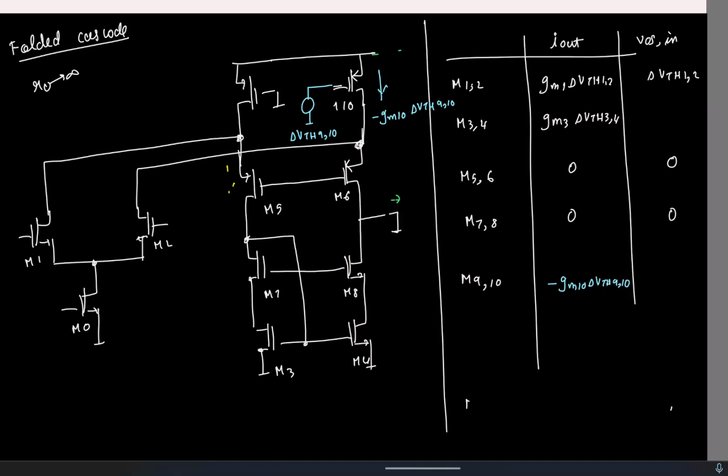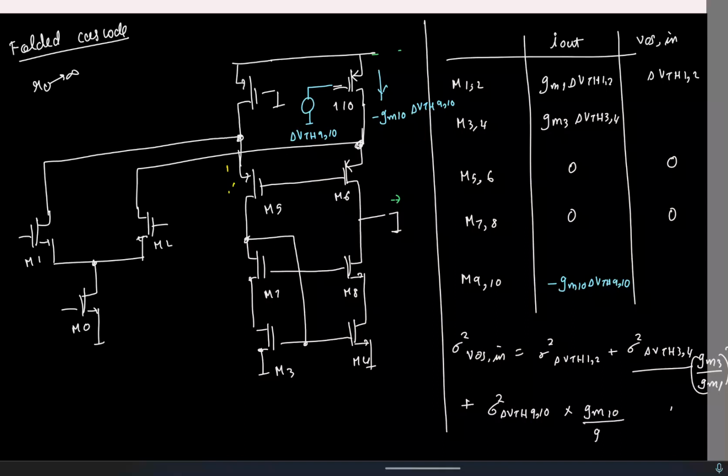So if I write the input referred offset, it will be similar as before. I will have sigma square delta VTH 12, the effect of 3,4 multiplied by GM3 by GM1 square, plus an additional term, sigma VTH of 910 into GM10 or GM9.